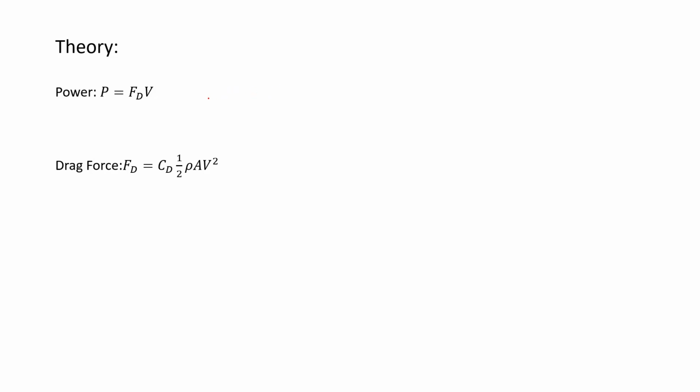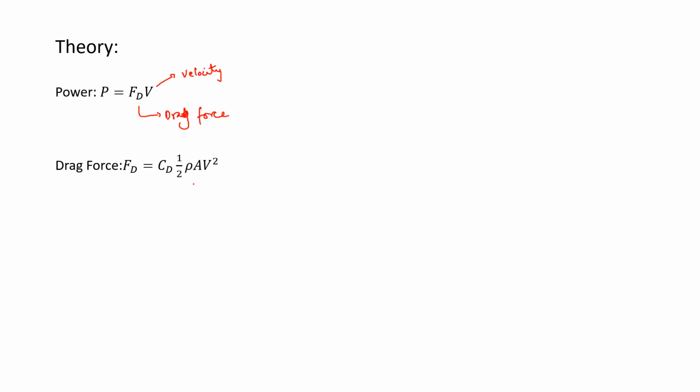And for people who have not followed this, power is given as the drag force times the velocity. This is the conventional formula for power, force times velocity. Let me just write it. This is the velocity, and this is your drag force. That amount of power is taken up by the drag force, and the same amount of power has to be supplied to the car for it to run and overcome the drag force.